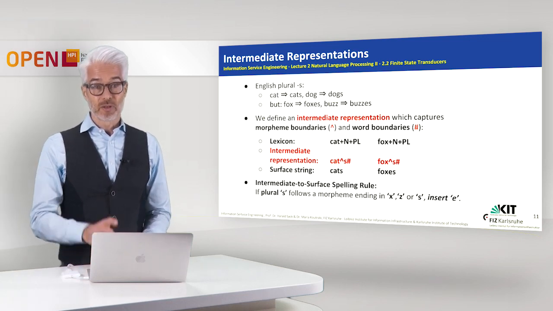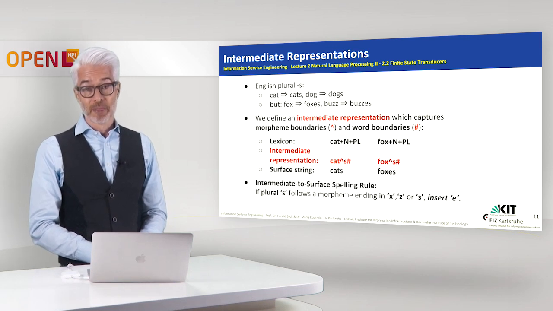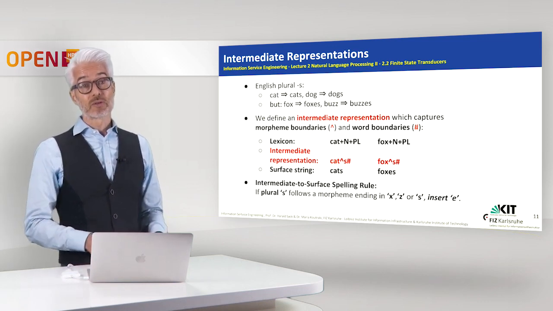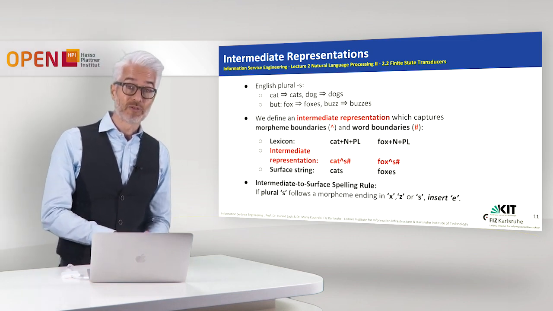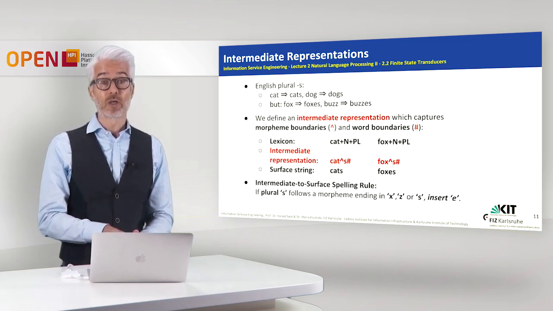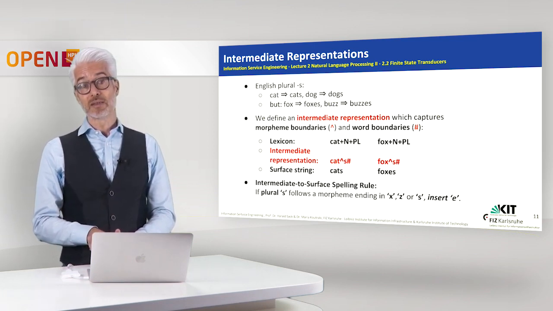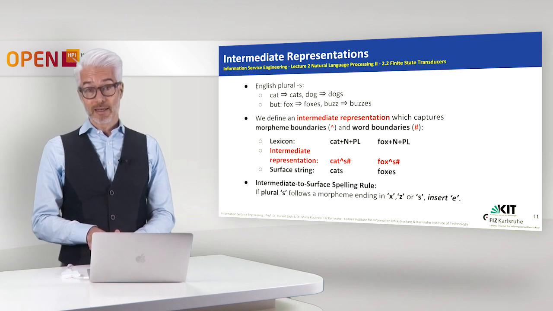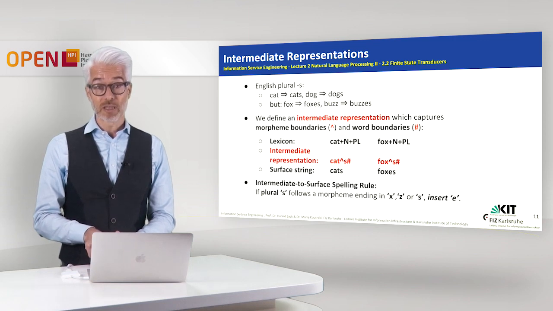First of all, it's the lower one. We deal with the surface string, cats and foxes. And they have to be translated with the first transducer into cat, followed by a morpheme boundary, followed by a plural S, followed by a word boundary. Or foxes, exactly the same: in the intermediate representation it is translated via an FST into fox, followed by a morpheme boundary, followed by a plural S, followed by a word boundary.